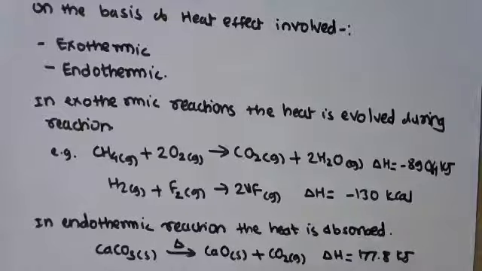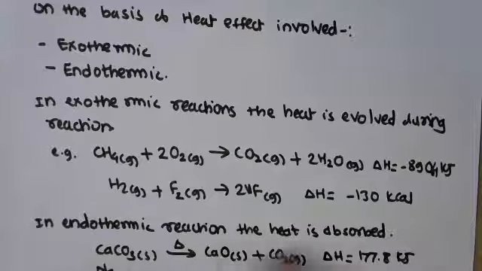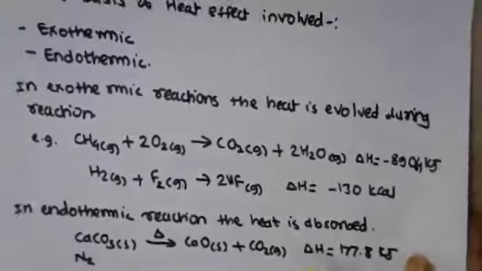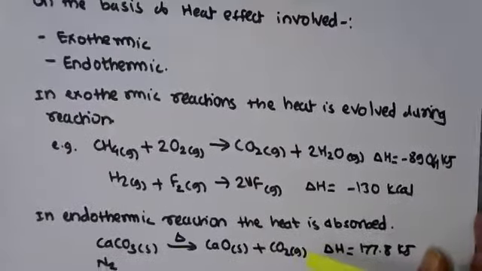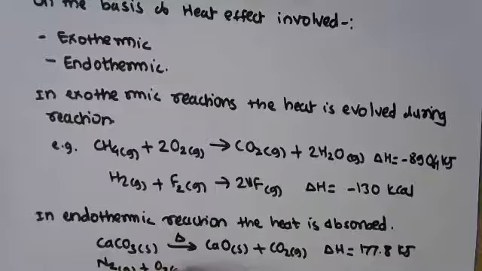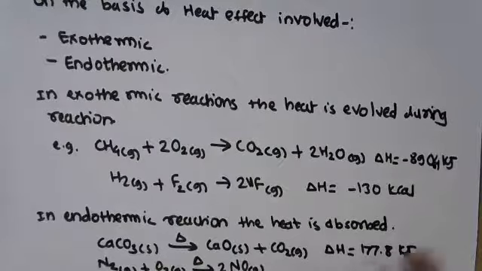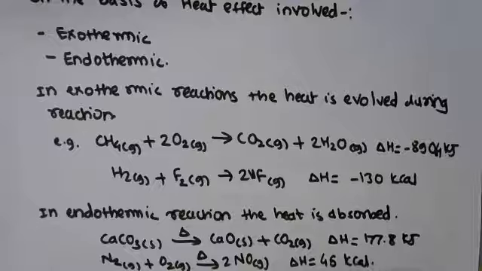There is another example, the reaction between nitrogen and oxygen gives you nitric oxide gas, and the heat to be supplied is 45 kilocalorie.